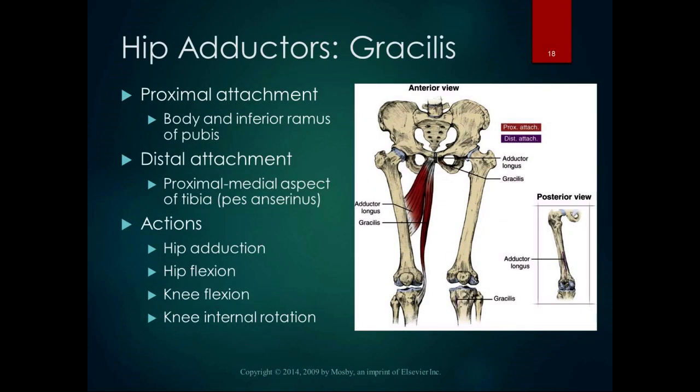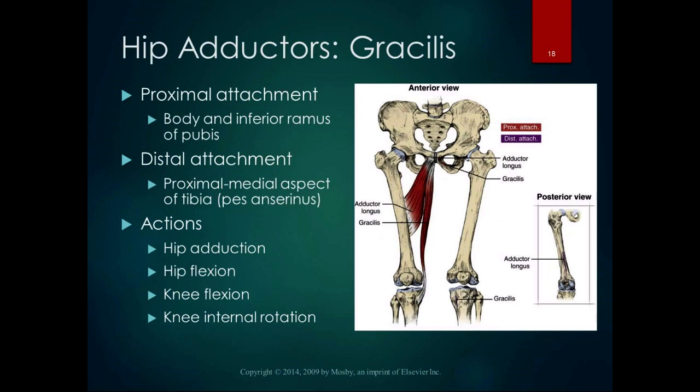The gracilis is the last of the hip adductors, and it is a two-joint muscle, so it crosses the hip and the knee. The tendinous insertion is part of the pes anserine, and it provides some medial support to the knee. Its proximal attachment is the body and inferior ramus of the pubis.